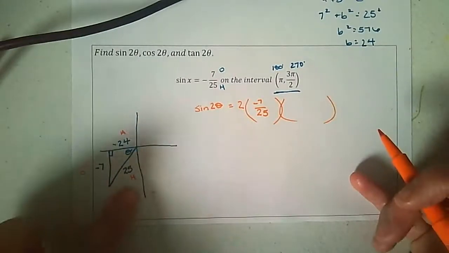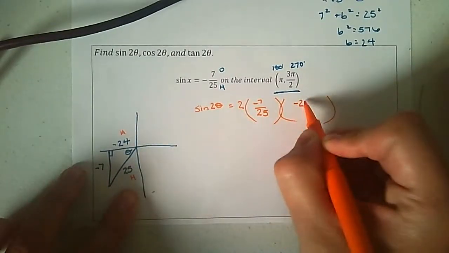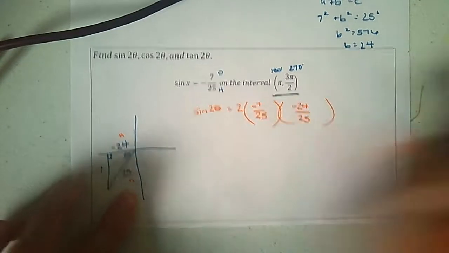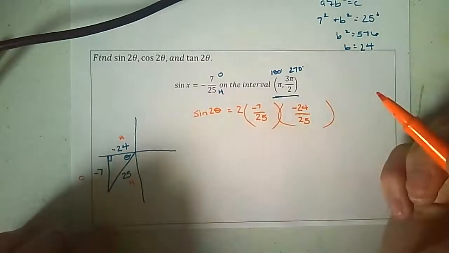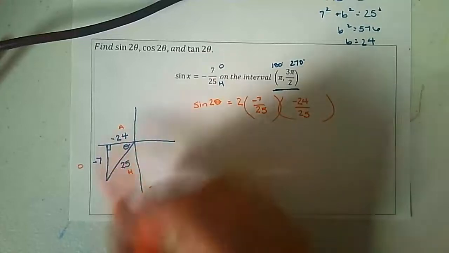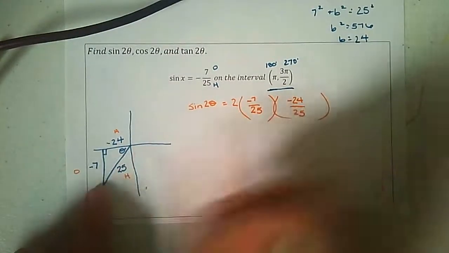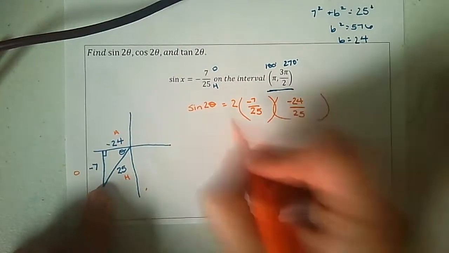We know cosine is adjacent over hypotenuse, so we'll times that by negative 24 over 25. We drew the picture out, and if we want to find what the sine would be if we were to double this angle, we would do 2 times the sine of this picture times the cosine.